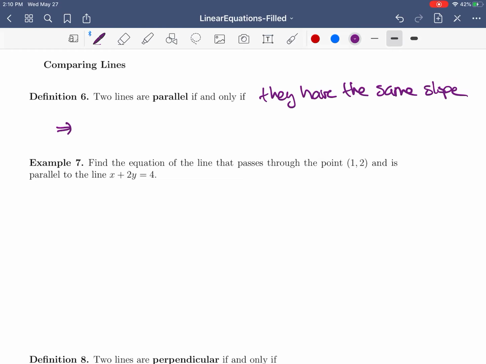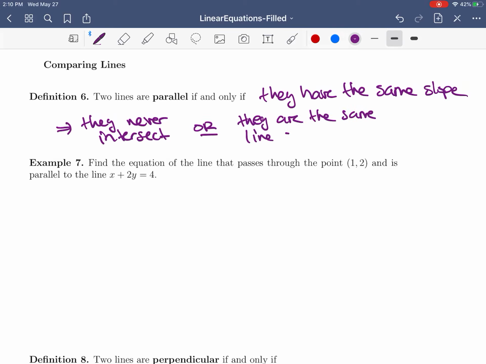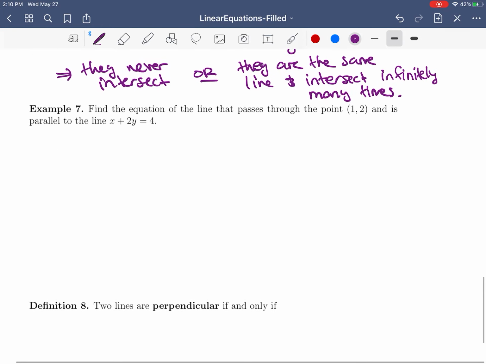So what this means is that either they never intersect, or they are the same line and intersect infinitely many times. Okay, so let's try an example.